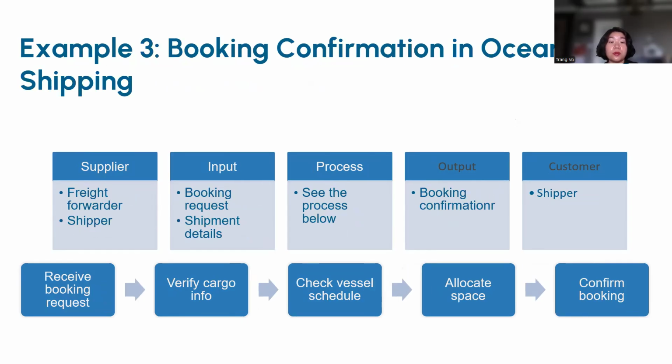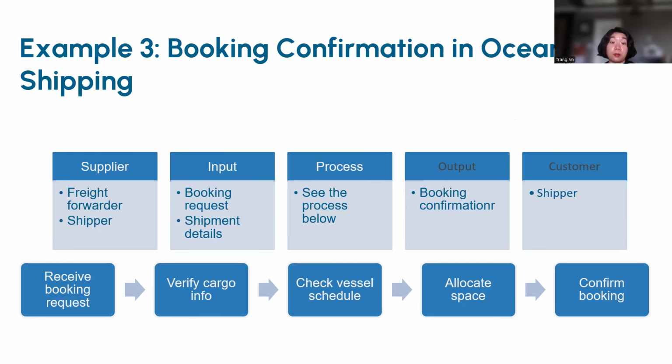And last example, let's switch to ocean freight shipping. We are looking at the process of booking container space on a vessel. The supplier is usually a freight forwarder or the customer themselves.